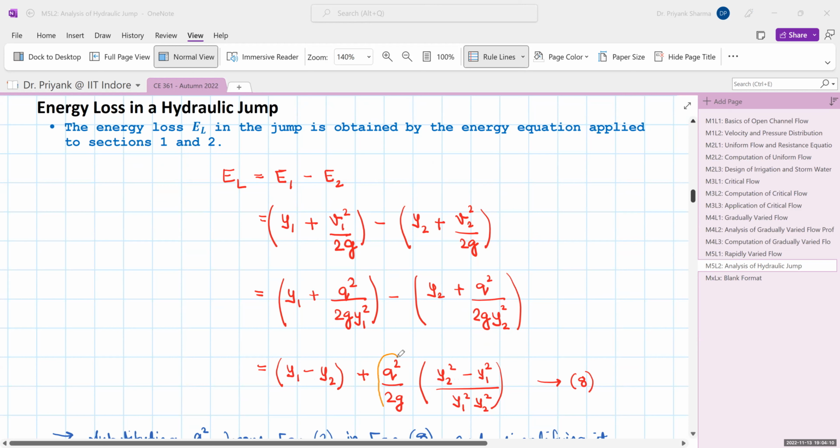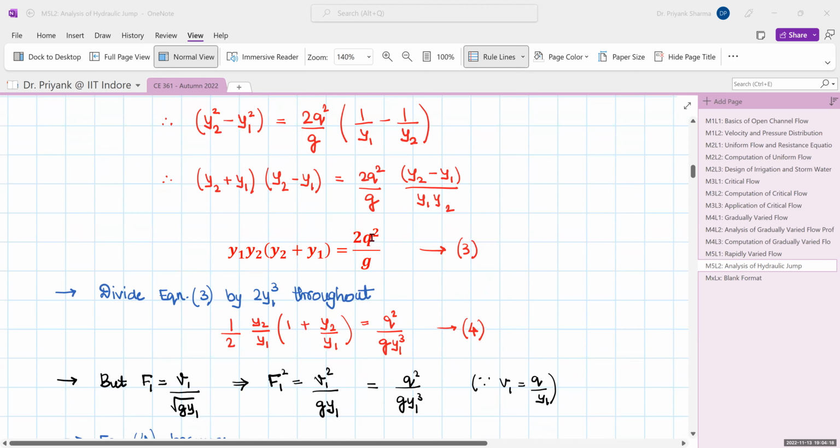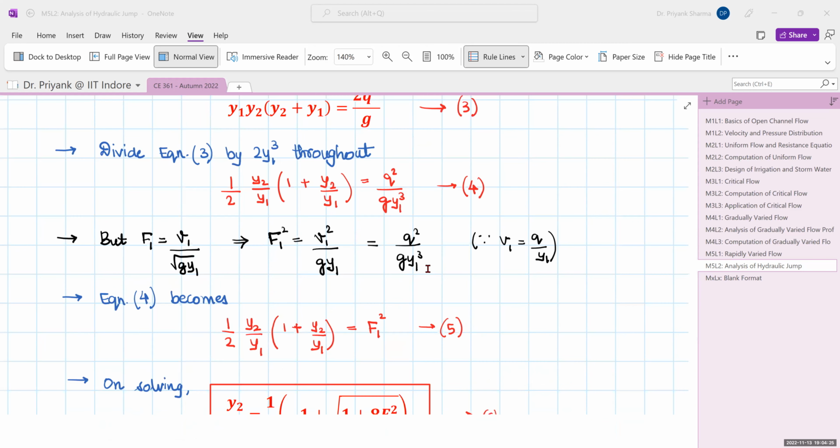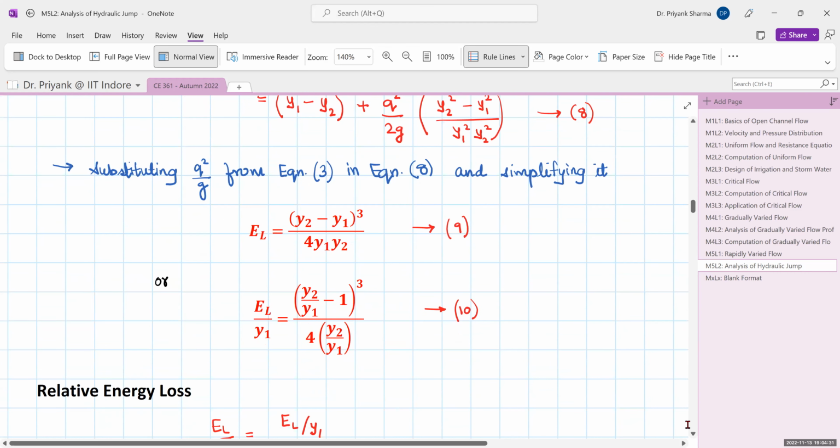Now this is something familiar. So in equation 3, I'll just go back to equation 3 where we had 2q square by g. So we have this relation q square by g, and this 2 will come on the LHS side. So using this equation 3, we will substitute in equation 8, and if you do some mathematical simplification, you will get an answer in the form of (a minus b) the whole cube.